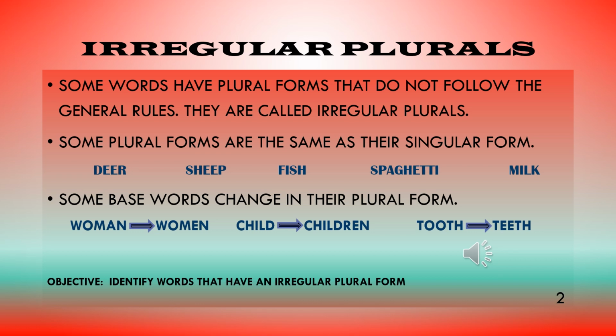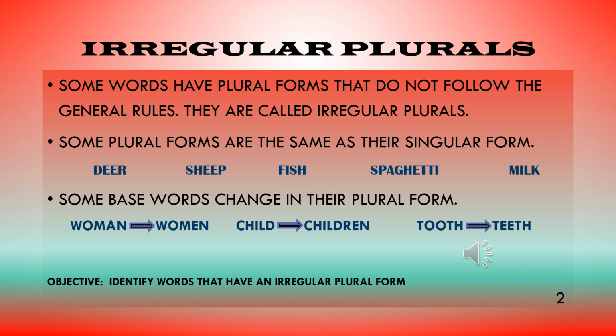In some cases, we are going to use the same form for singular and plural. And this is the next step that we have. Some plural forms are the same as their singular form. Look at the examples that we have. Deer, it's singular and plural at the same time.